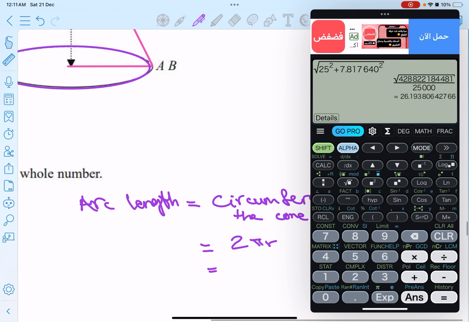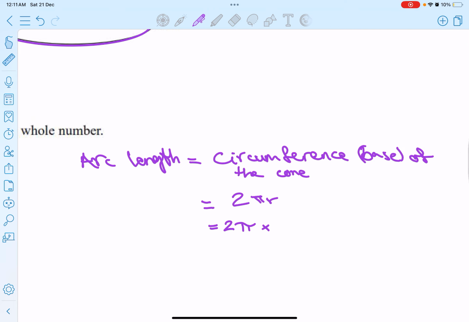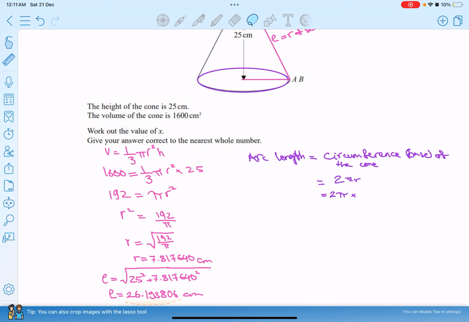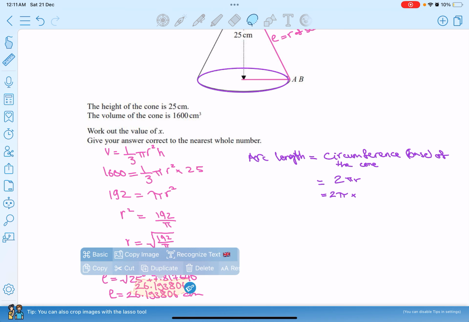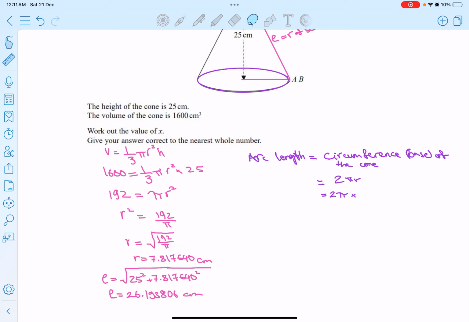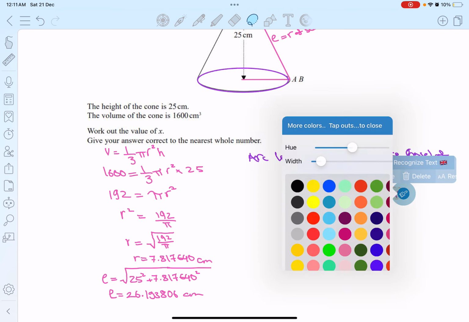So 2 times pi times the radius, which is this one. No, wait. The radius, this one, my bad. They changed the color.